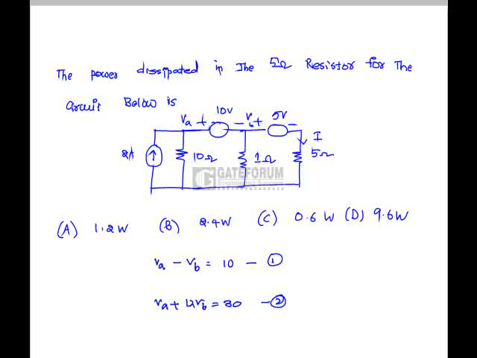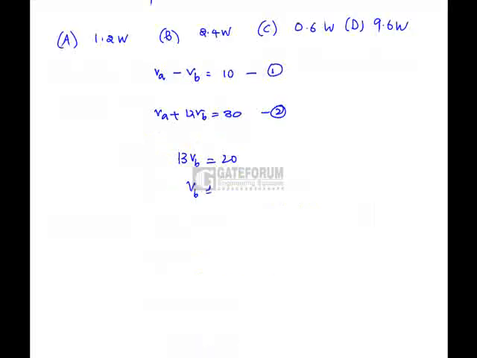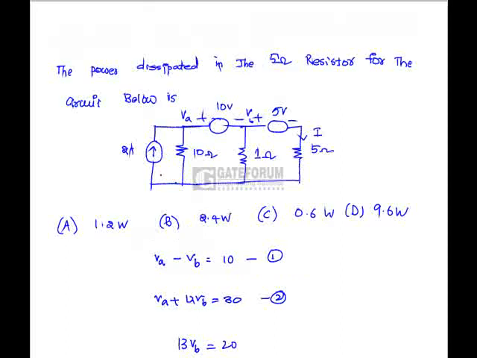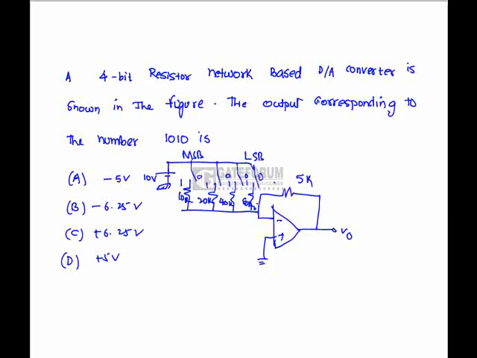If we subtract the second equation from the first, we will get 13 VB is 20, that is VB is 20 by 13. So I, the current through the 5 ohm resistor, is (VB minus 5) by 5. So P is I square into R. Then we will get this as 2.4 watts. Hence option B is correct.